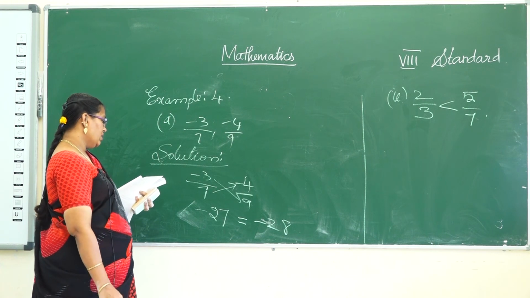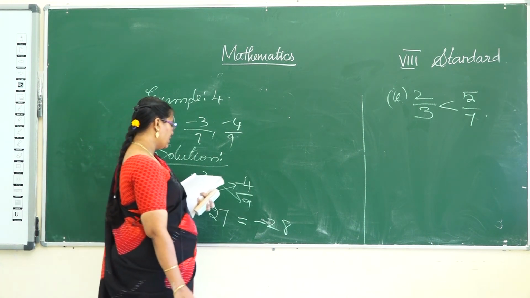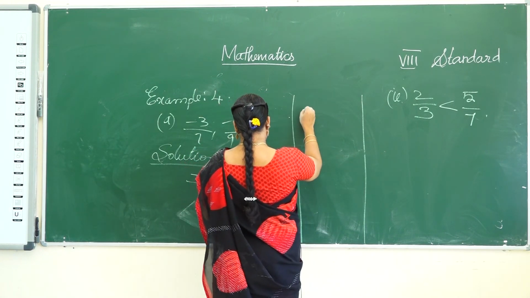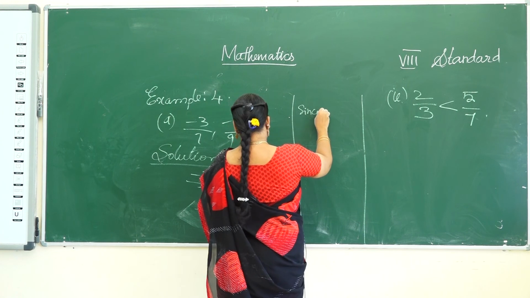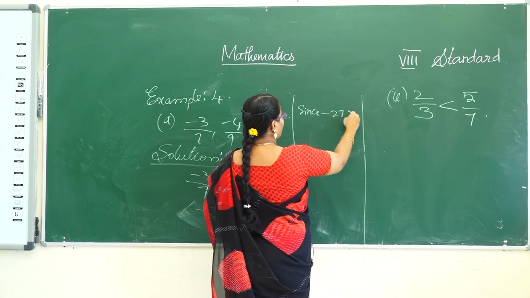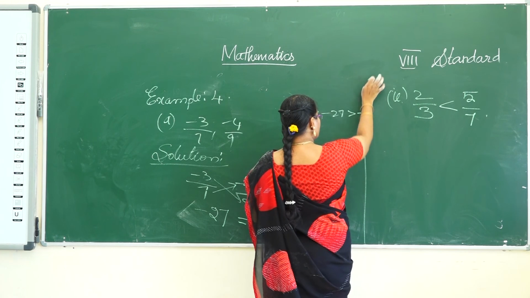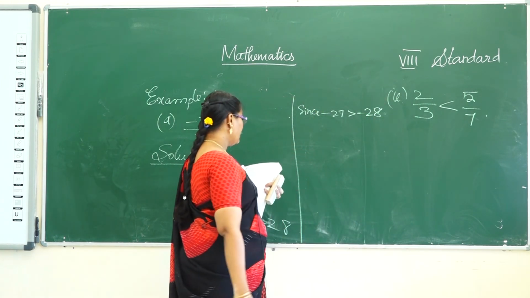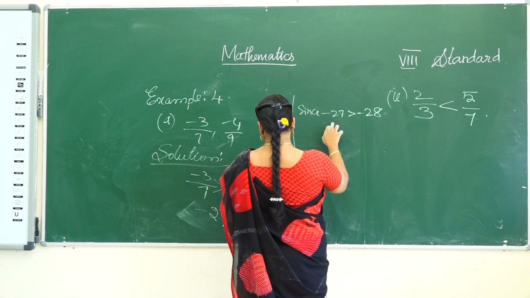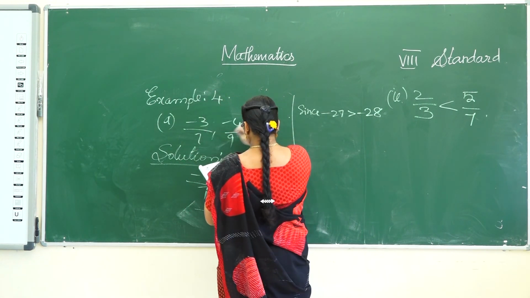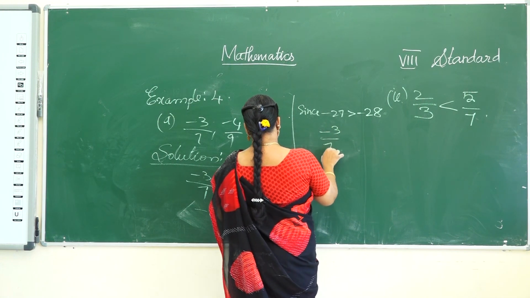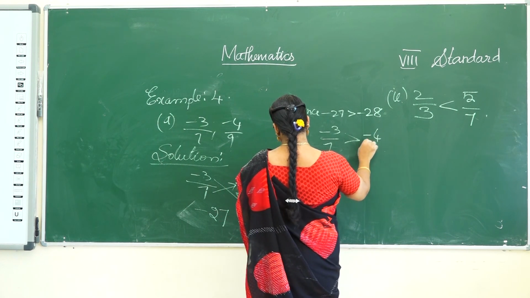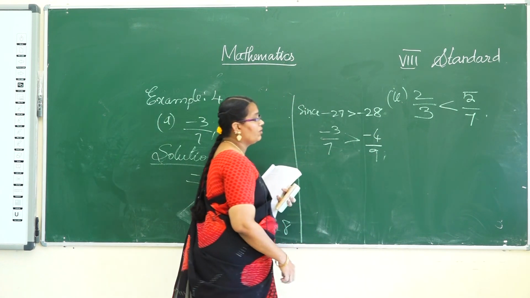So, minus 27 is compared with minus 28. Which one is the greatest value? Minus 27 is the greater value, is it? Greater than minus 28. So, minus 3 by 7 is greater than minus 4 by 9. This is another method.